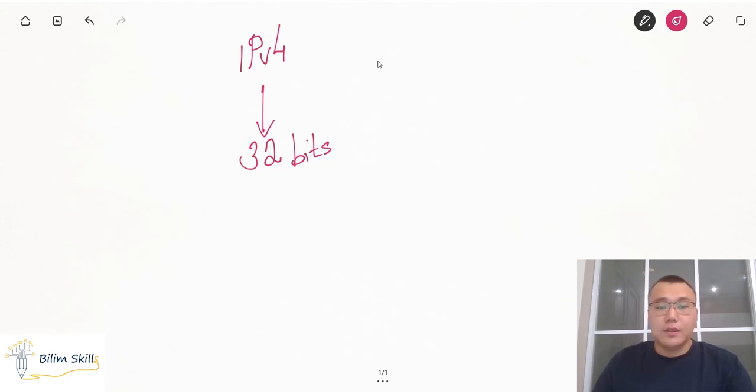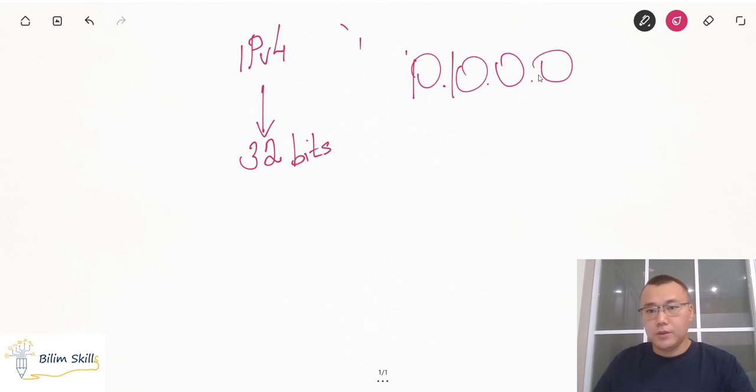Let's consider it. So let's take as an example an IP address which looks like 10.10.0.0. So IP version 4 is divided in 4 columns. These columns are called octets. Why?